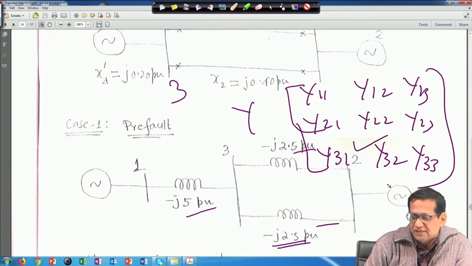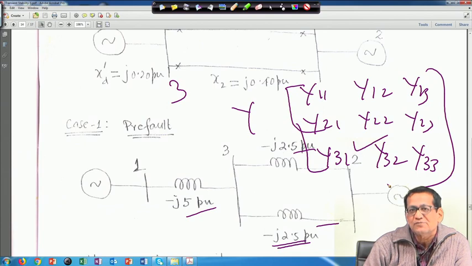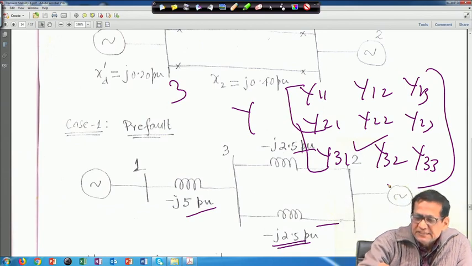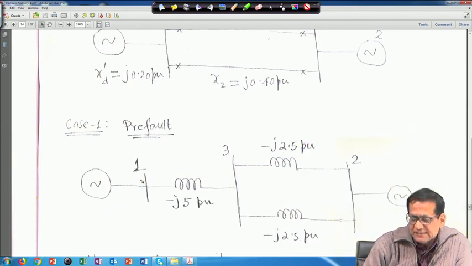So, same thing is here, right. So, first you find out small y. When we represent this one, first we will find small y, and off diagonal we will take minus of the small y, right. So, in this case, suppose when you are trying to find out all these small y values, right, y 11, then y 13, all sort of things.